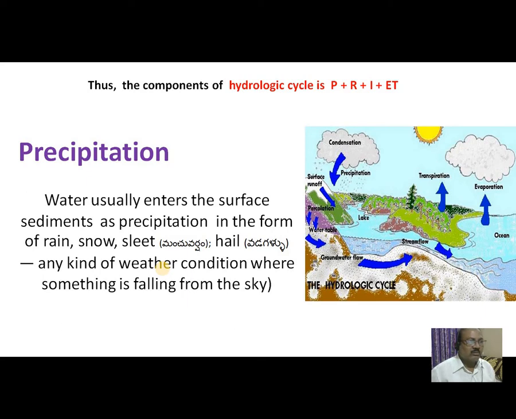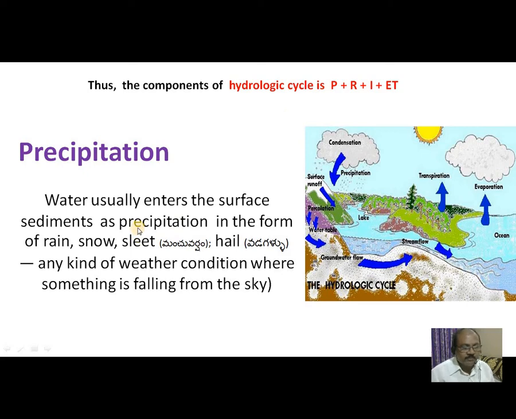So the components of the hydrological cycle, if you see, are P, R, I, E, T. P stands for precipitation, R stands for runoff, I for infiltration, E for evaporation, T for transport. Let us see precipitation.